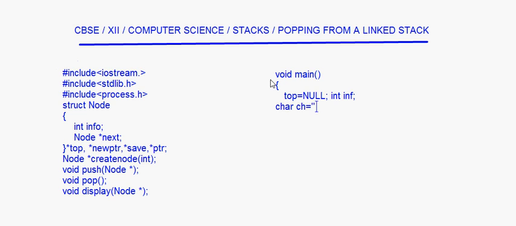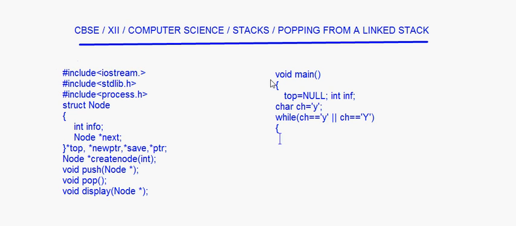Here, this one, char ch is equal to y. Then the same loop as we did for the push function, while ch is equal to y, or ch is equal to capital Y, right?